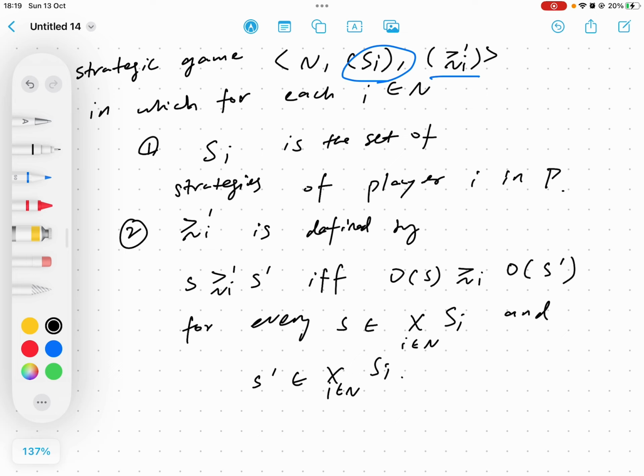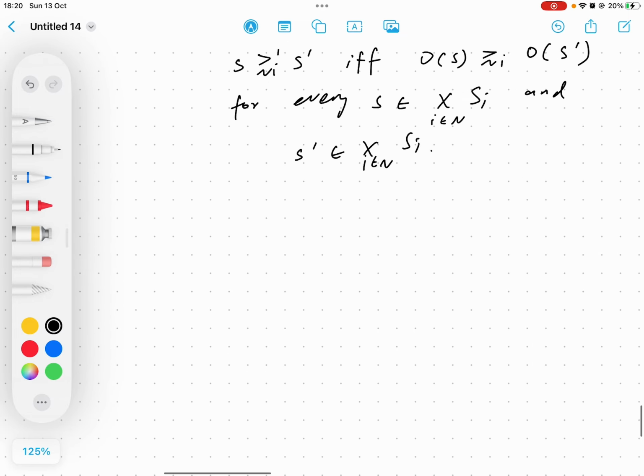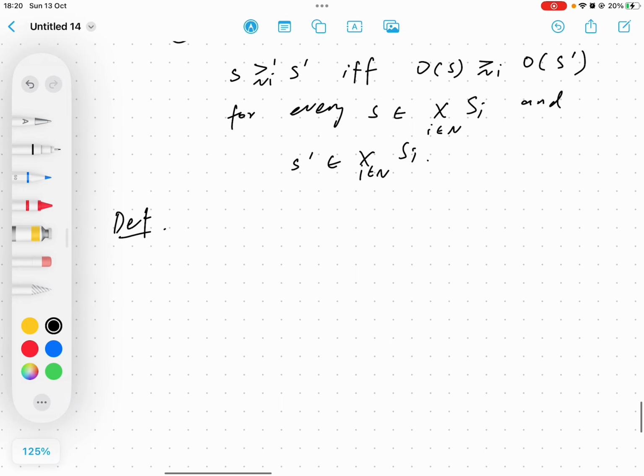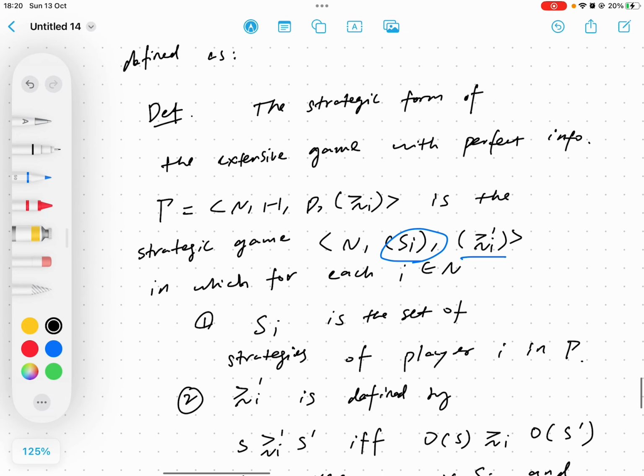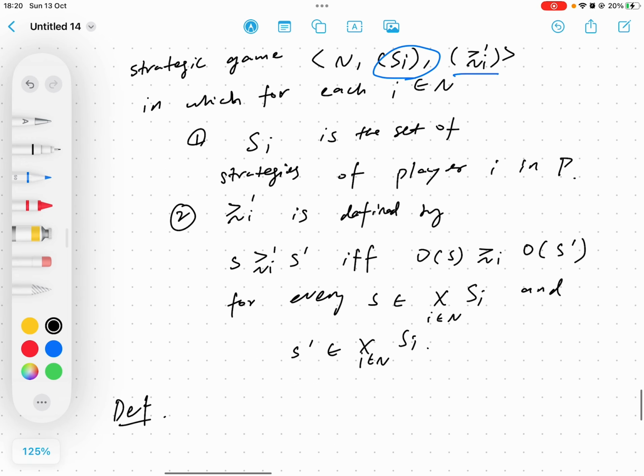So that's the definition for the strategic form of an extensive game with perfect information.